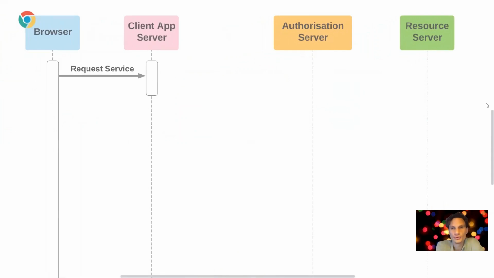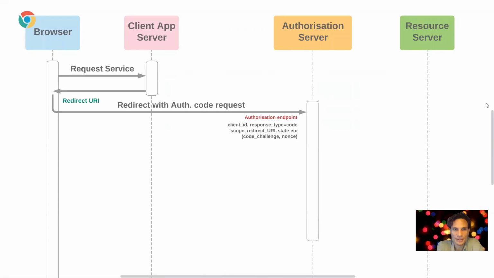The flow starts with some action being taken in the browser that prompts the client app server to decide that it's time to request a token for integration. The client app server then initiates the flow with a redirect to the authorization endpoint at the authorization server. There are a few parameters set on this request.